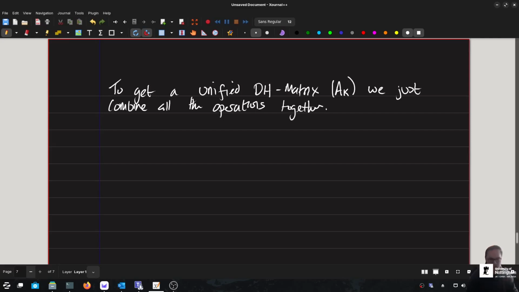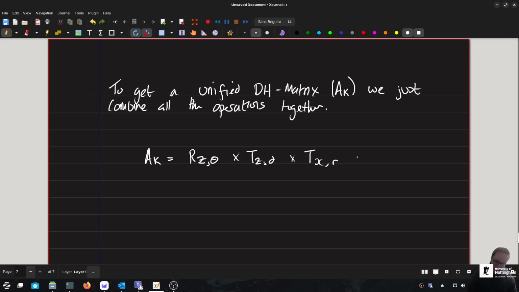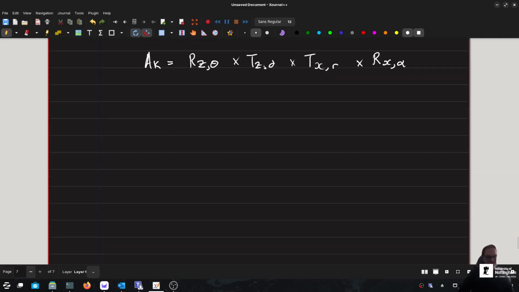So, in other words, we're going to say that AK is equal to the rotation about Z of theta, multiplied by a translation about Z of D, multiplied by a translation of X in terms of R, multiplied by a rotation of X in terms of alpha. And then when you combine them all together, which is not the nicest equation, you can get one big matrix. I believe you are provided this in the exams. You don't need to remember it, but probably beneficial you do.